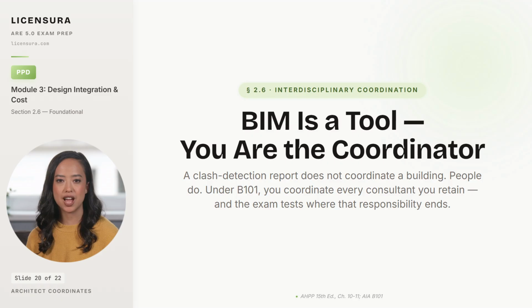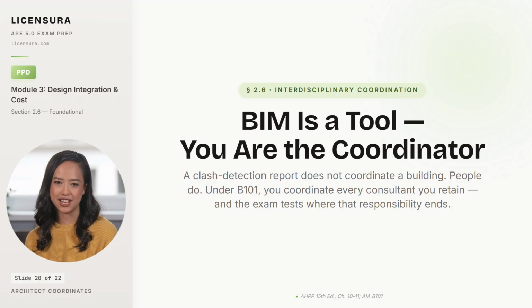A consultant the owner hires, say a separate envelope specialist, is not the architect's consultant, and the architect does not warrant their work. Confuse that line on a real project, and you have taken on liability the contract did not assign you. And the architect who unilaterally coordinates the owner's separate consultants is the architect whose firm gets sued when those consultants fail to deliver.